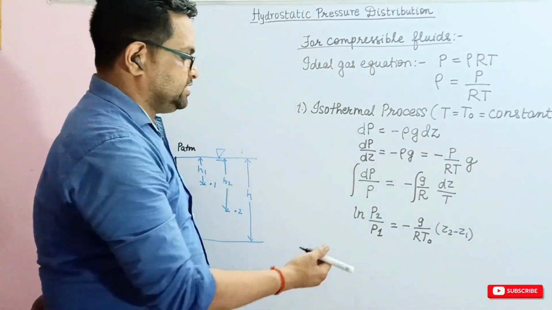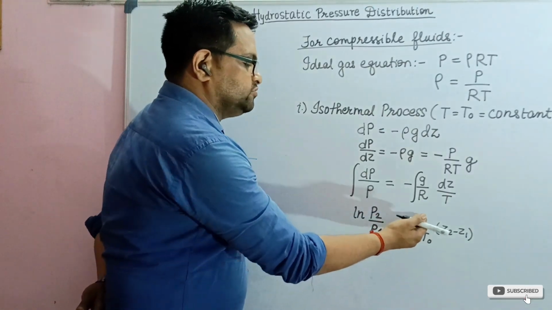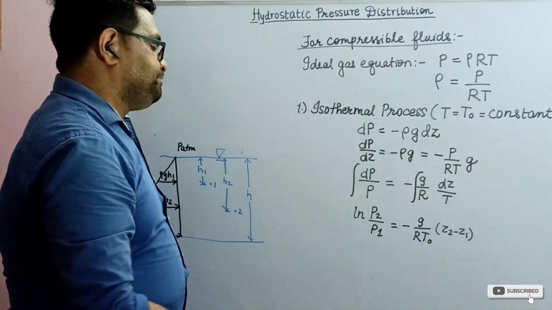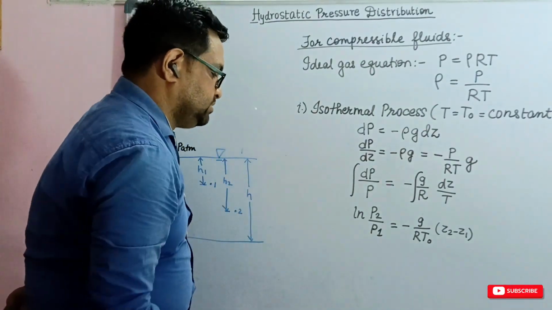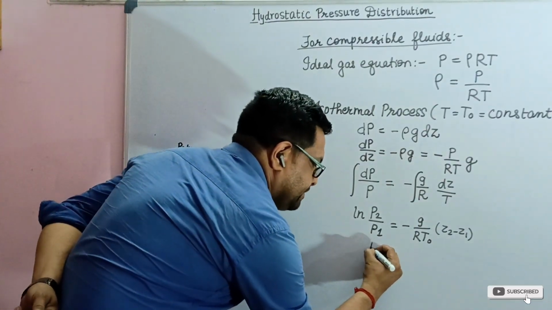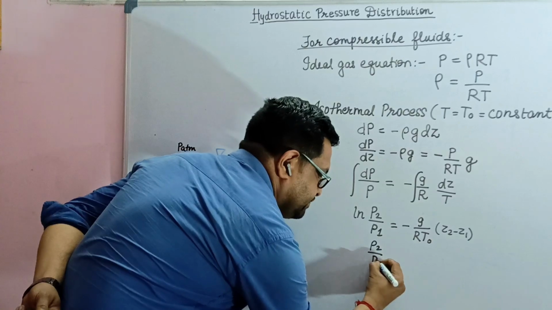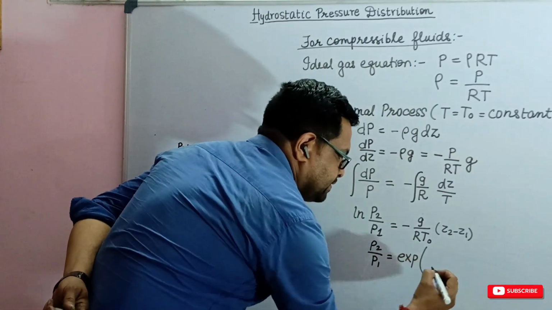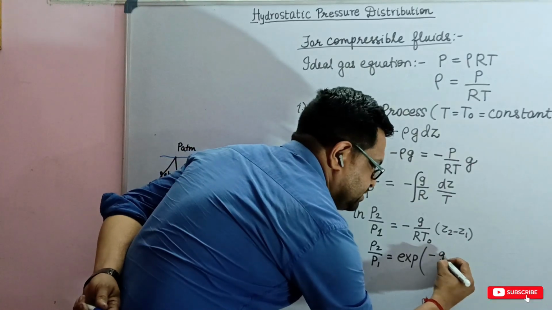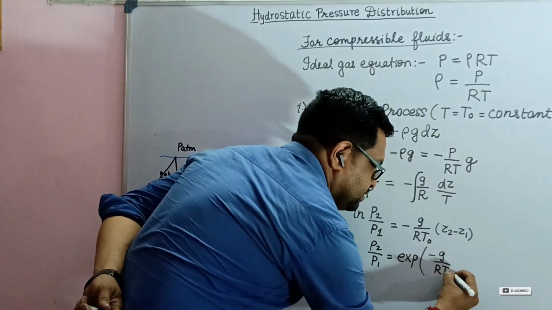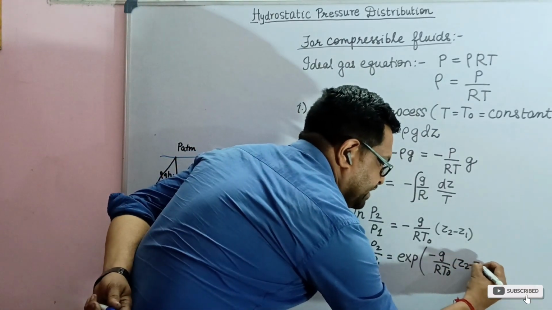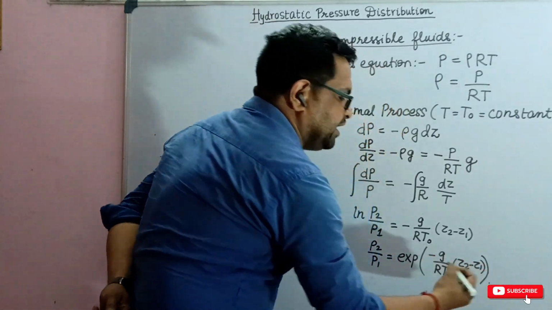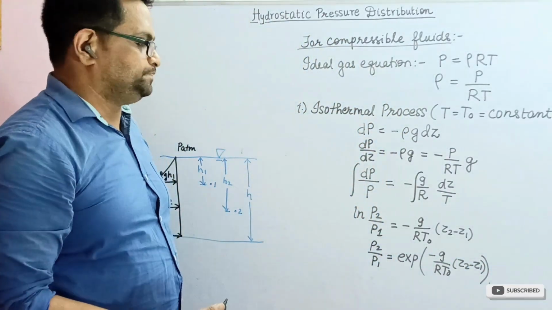So ln P2 upon P1 is equal to minus g upon R T naught times Z2 minus Z1, and removing the log, we can write P2 upon P1 is equal to exponential of minus g upon R T naught times Z2 minus Z1, or you can also remove the negative sign and write Z1 minus Z2.